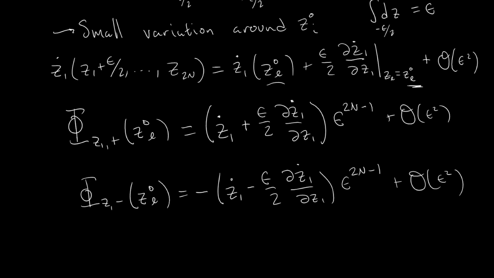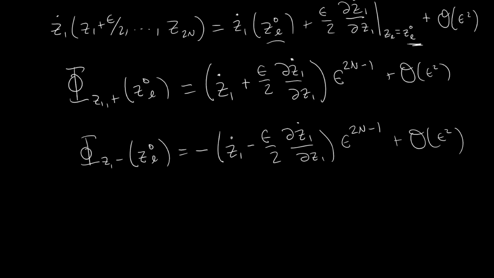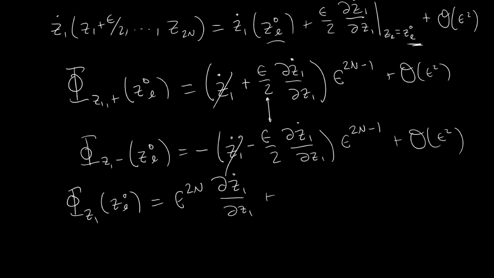So now I'm just going to repeat this. You see that when I add up the fluxes in the z1 direction, this term and this term are going to cancel, but these two terms are going to add together, so that my total flux in the z1 direction at z0 is just going to be epsilon to the 2n, dż1/dz1, plus, of course, higher order corrections. But there's nothing really special about the z1 direction, so of course we can apply this to all of our directions.